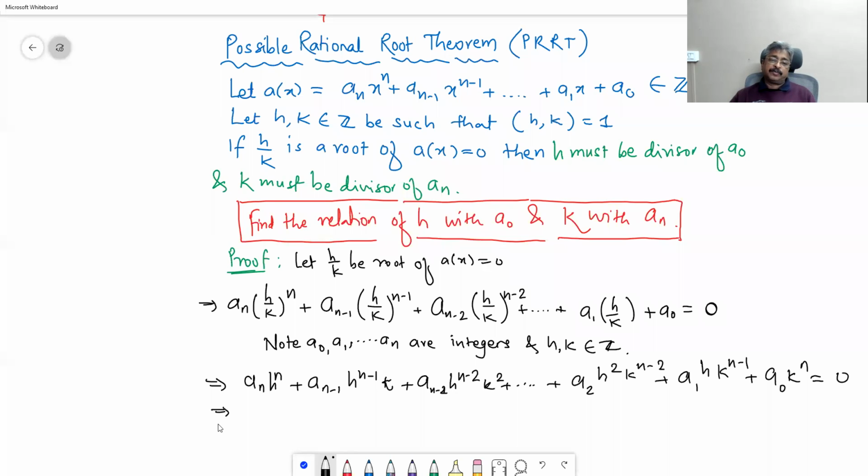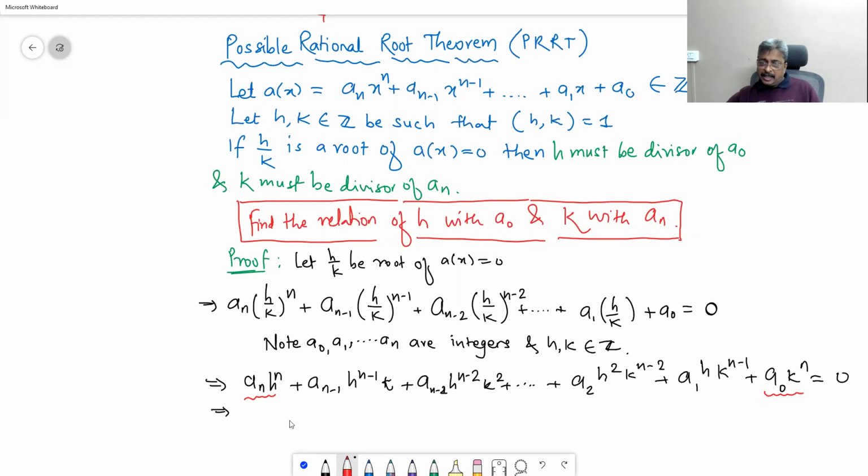We get this expression, and now if you see, all the terms in between except this term and this term have both h as well as k. The GCD of h and k is 1, so they are distinct numbers, not necessarily prime, but coprime. Suppose I take a0 k^n to the RHS.